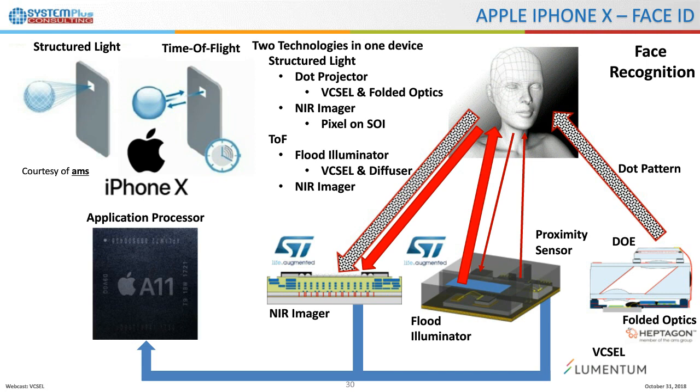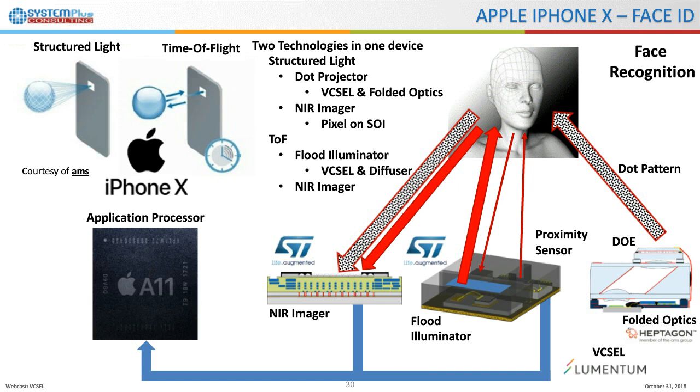It's really interesting that, as already mentioned, a lot of VCSELs are used here in order to provide the dot projector, the flood illuminator, and there is also one small VCSEL in the proximity sensor. So Apple is using a structured light approach, but also linked to the flood illuminator and proximity sensor.